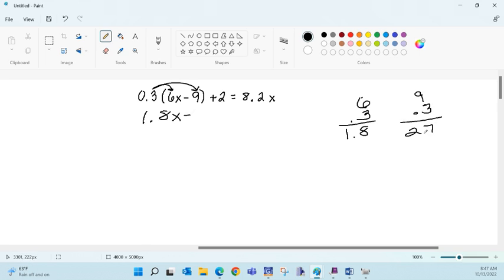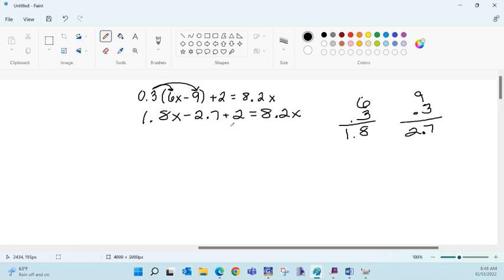2.7, decimal over, plus 2, 8.2x. And then after that, not yet. There's some like terms that can be put together over here. What can go together?